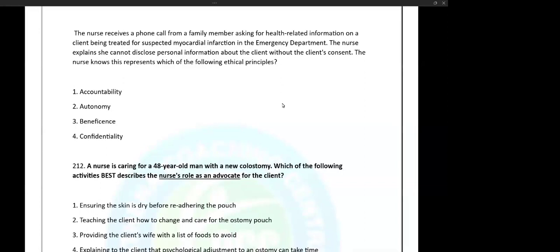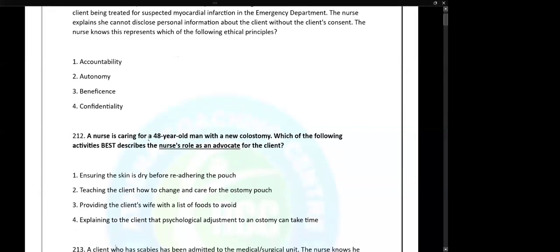Confidentiality is not disclosing personal information to anyone else without the patient's consent. Clear? So the answer for this is confidentiality.